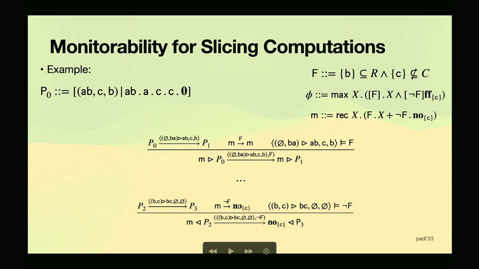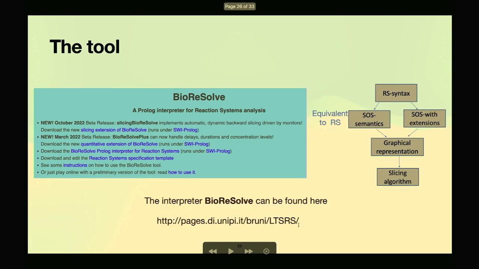Otherwise, when the monitor reaches the action no, the computation stops. And in this case, the computation stops at the state P3. From there, the slicing algorithm starts pruning all the reactions and all the entities that are not necessary for the production of a subset of elements in P3.